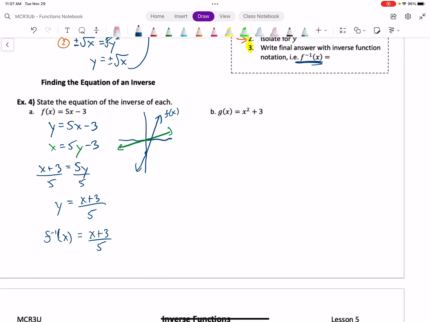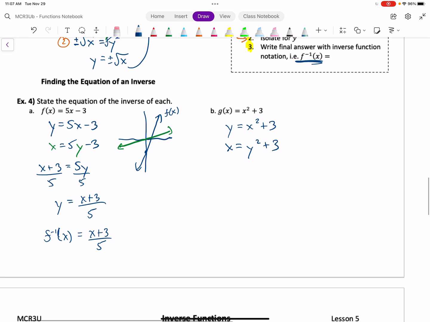So if we go on to the next one, again, you could try this one if you want. y equals, and then I switch locations, so I've got x equals y squared. That's really the key step to not forget. Now I move things around, so I isolate for y. And when I get to this stage where I've got a y squared, I have to take the square root.